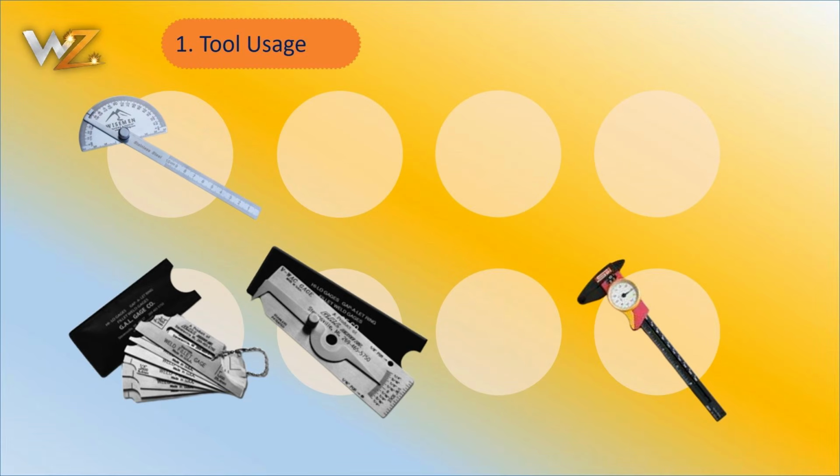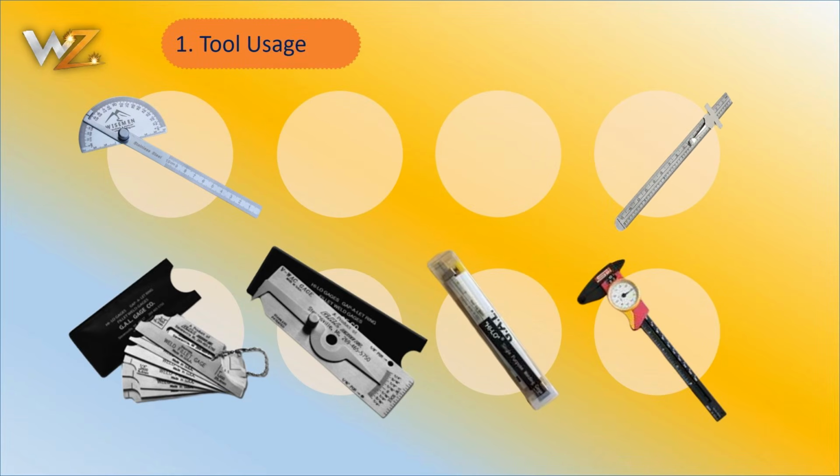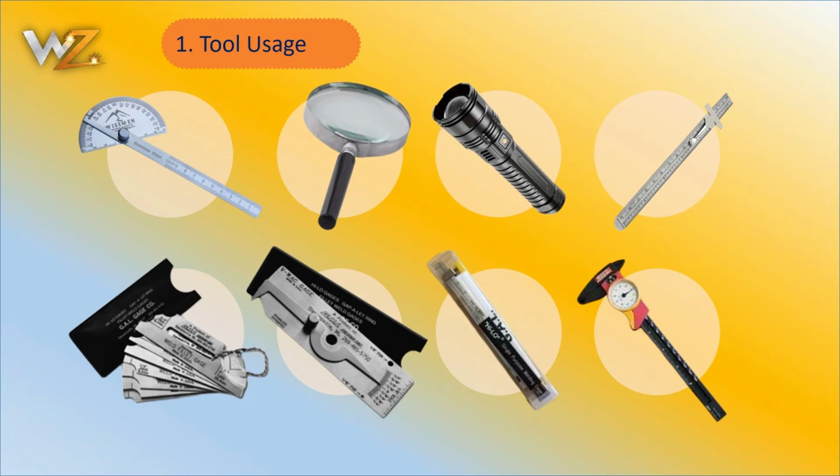Other tools: bevel gauges, high-low gauges, 6-inch steel ruler, torch, magnifying glass. Simple meaning: you should be comfortable using these tools and reading their measurements quickly.